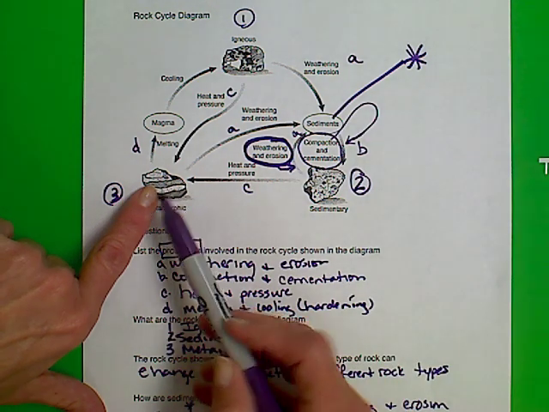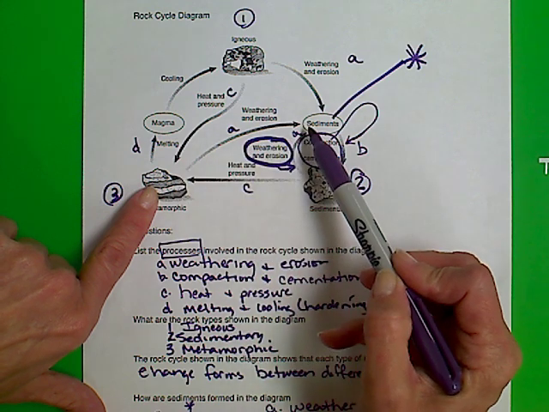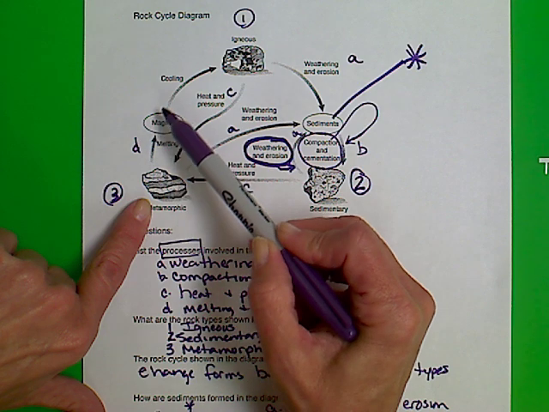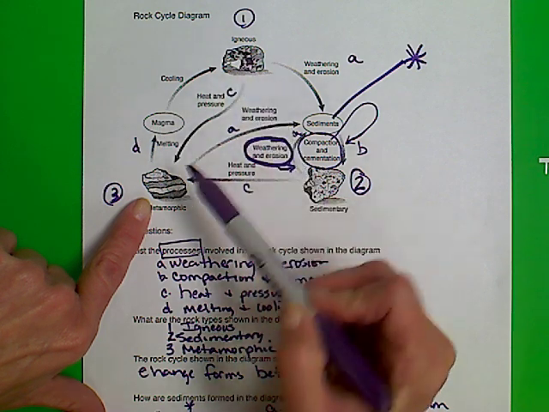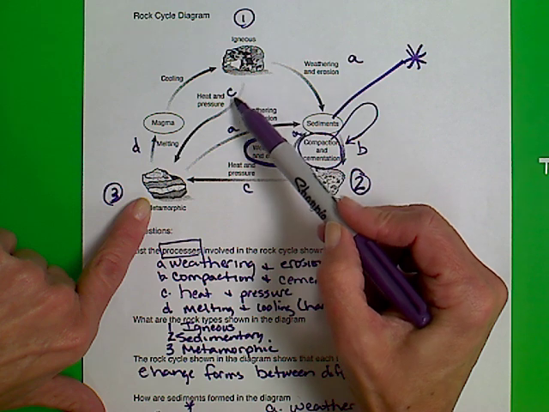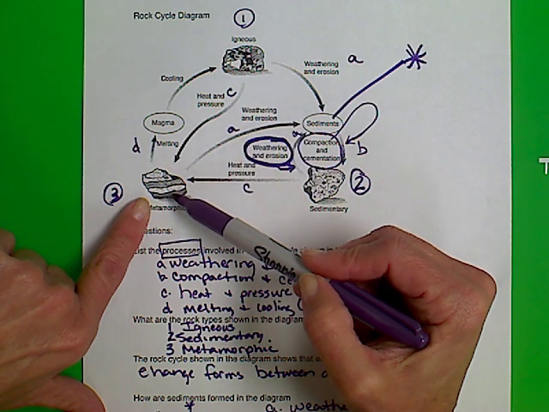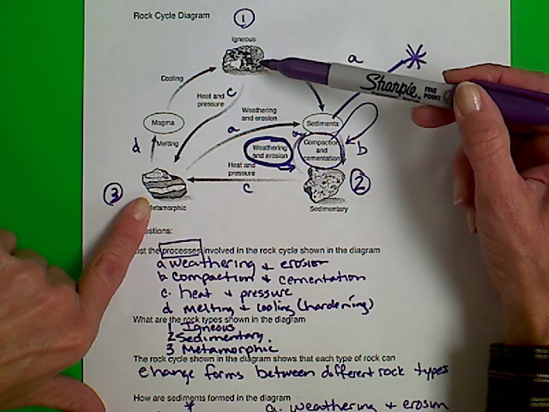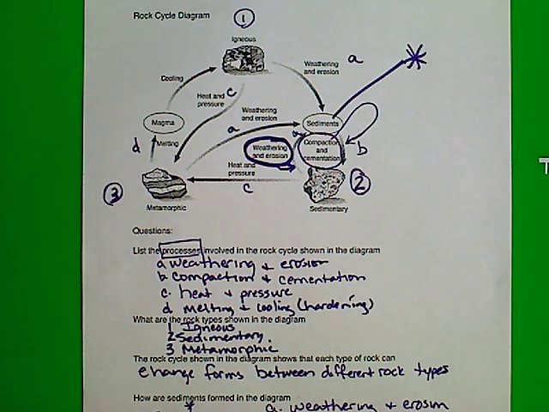Once I'm at metamorphic, if I follow my arrows, I can either weather and erode it to make sediments, or I can melt it into magma, cool and harden it so it makes igneous. Once I'm at igneous, I can heat and pressure it and make it turn into metamorphic rock. Or I can take this igneous where we started before, and I can weather and erode it to make sediments.